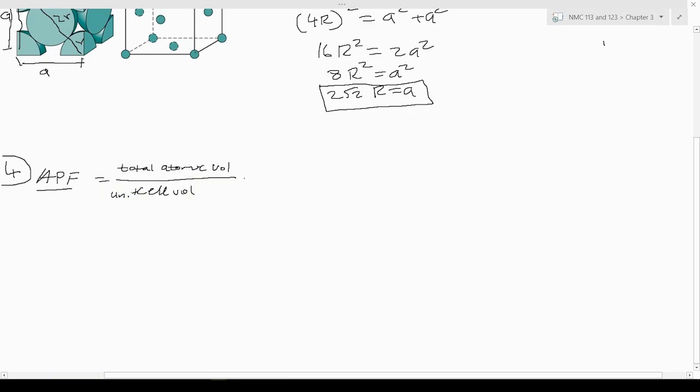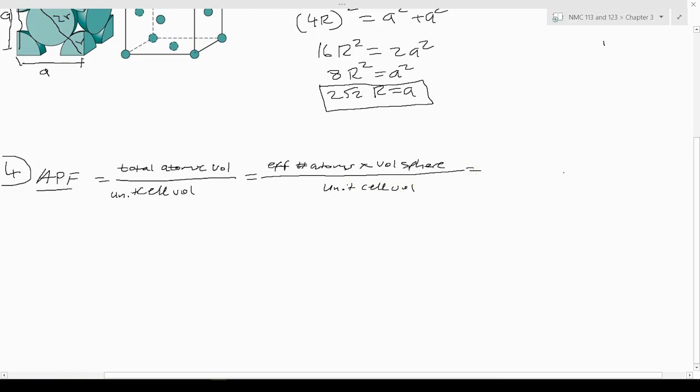Okay, we just calculated the effective number of atoms. Let me just rewrite the formula. Effective number of atoms times the volume of a sphere, and then again, unit cell volume.